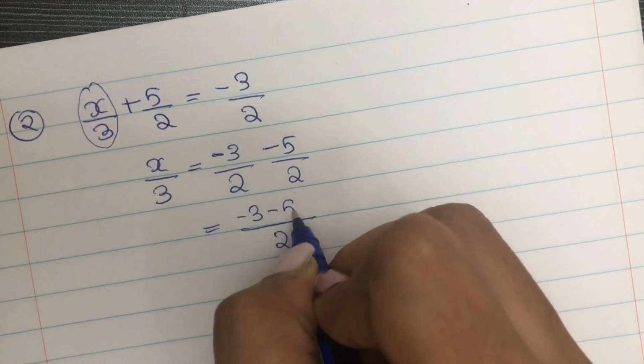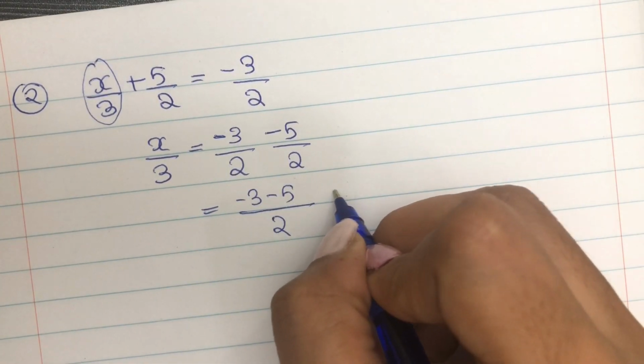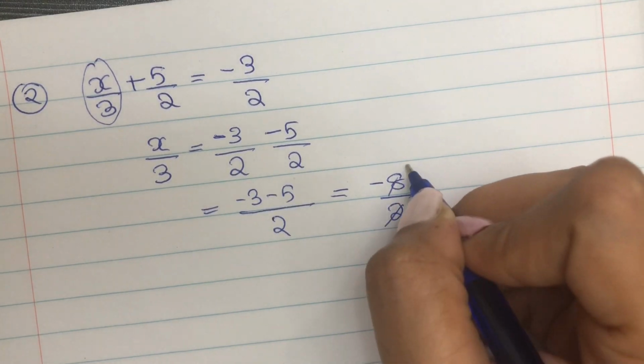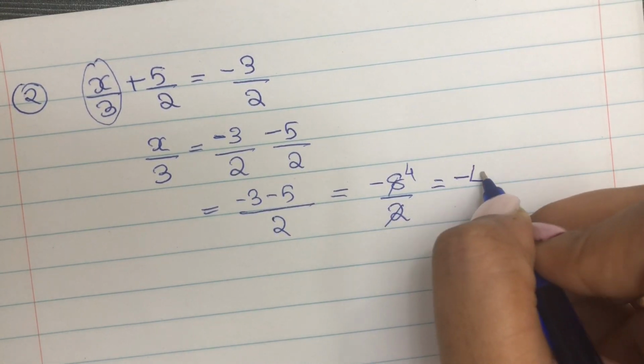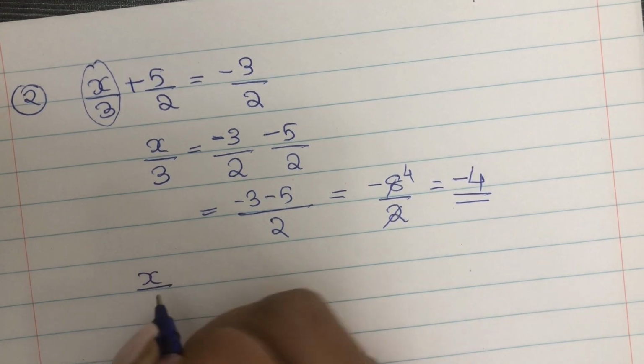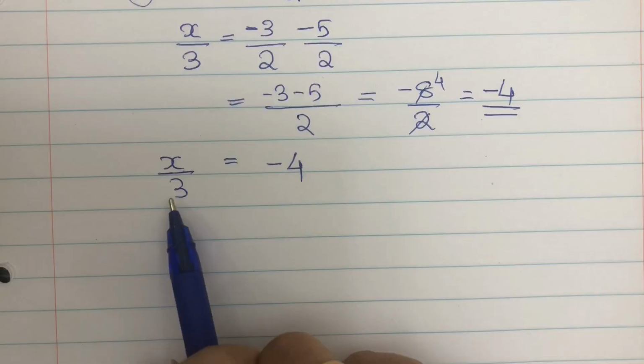So it will be minus 3 minus 5. What is minus 3 minus 5? Minus and minus, we have to add, right? So it will be minus 8 by 2, which is equal to minus 4. Okay. So x by 3 is equal to minus 4.